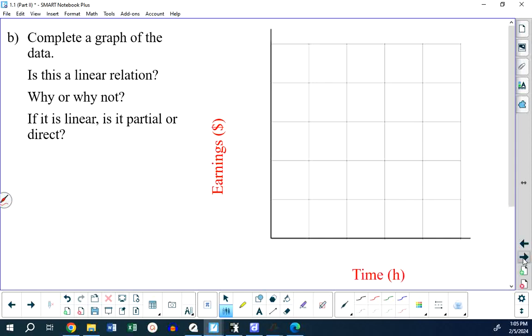That means the number of hours is the independent variable, and we also need a title. You know that has to happen first.